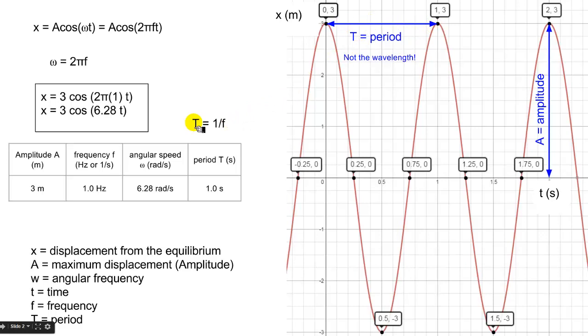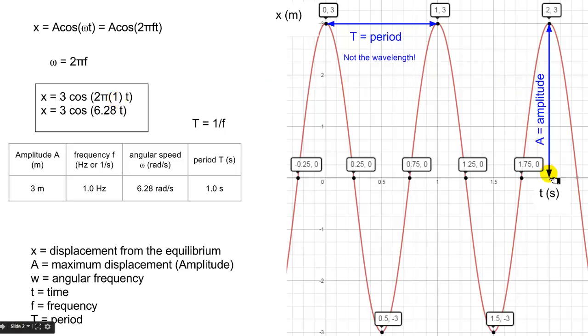So we would take this and find the inverse of it to find the frequency. So 1 over 1 is 1. I wish I used different numbers because the inverse of 1 is obviously 1. We would take that value, the period 1, take its inverse, find the frequency of 1, plug it into there for the frequency, and this is the equation we would end up with. We'd put a 1 there.